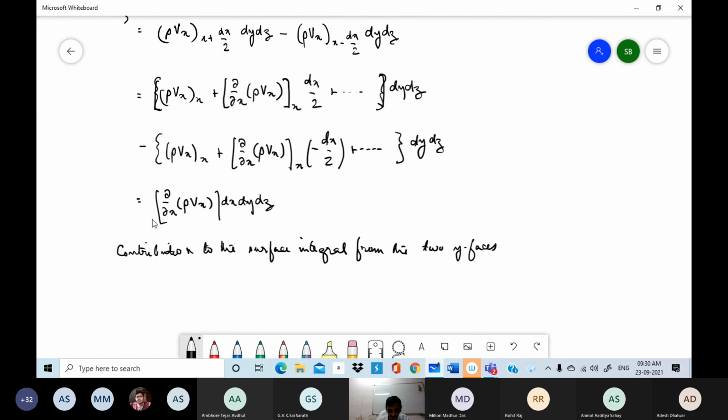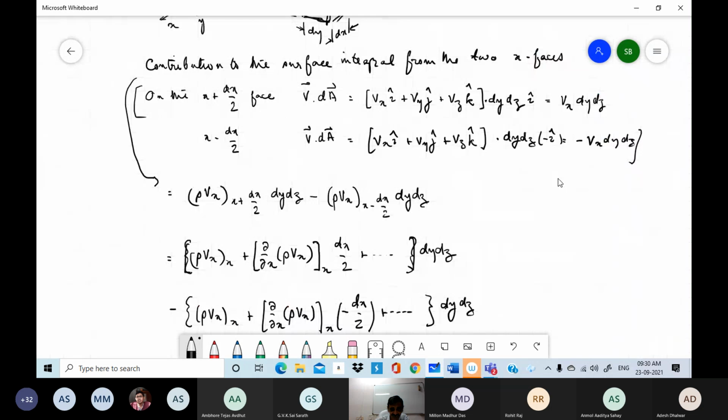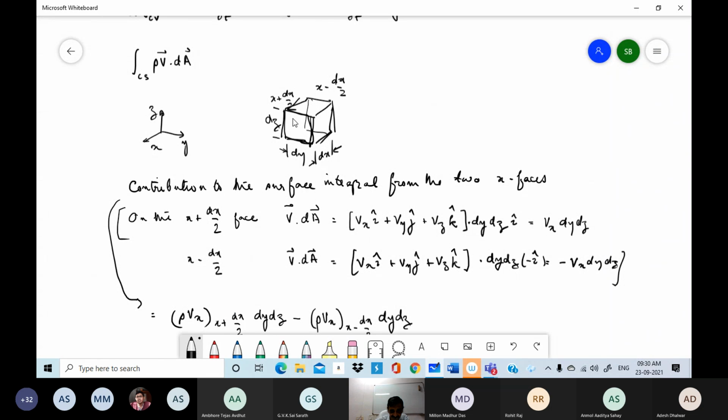So then in a similar manner, this will give me... The Taylor series expansion gives me the dy, and the area here is dx into dz.